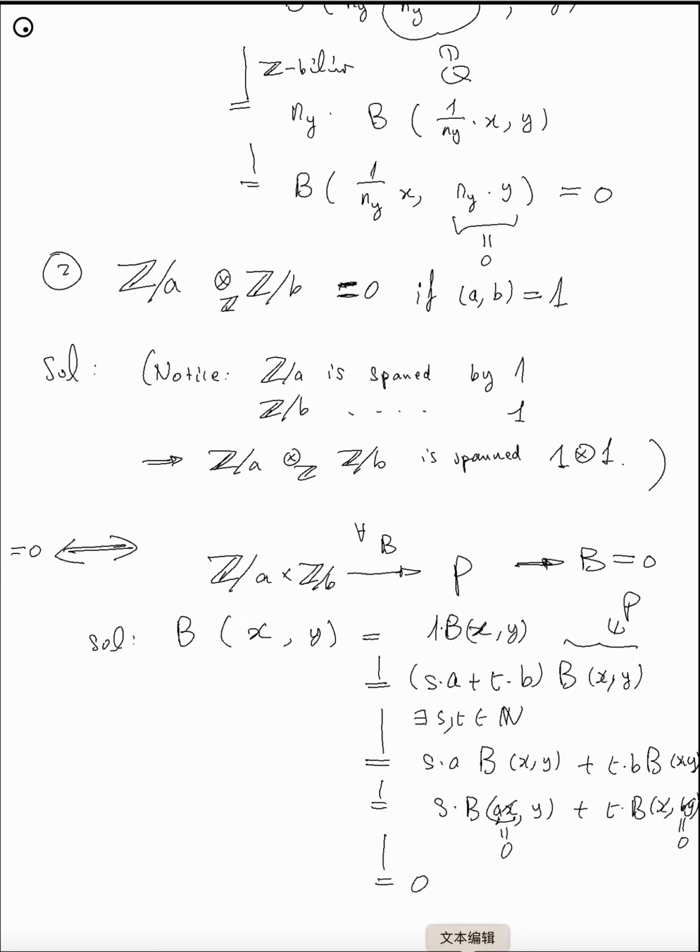With a very similar argument here, you just have to see that 1 ⊗ 1 is actually the same as (sa + tb)(1 ⊗ 1), and then this is a ⊗ 1 times s, which is 0, plus t times 1 ⊗ b, which is also 0, and so this is 0. So either way works.